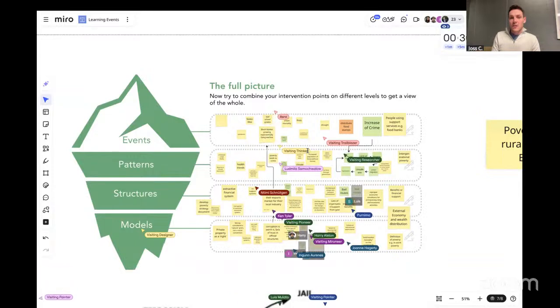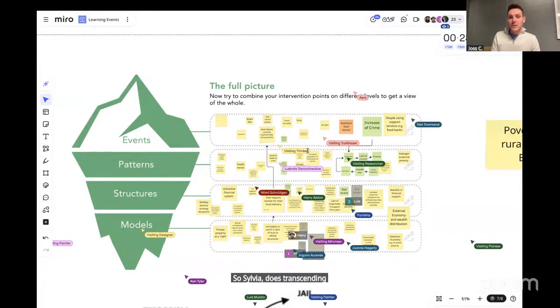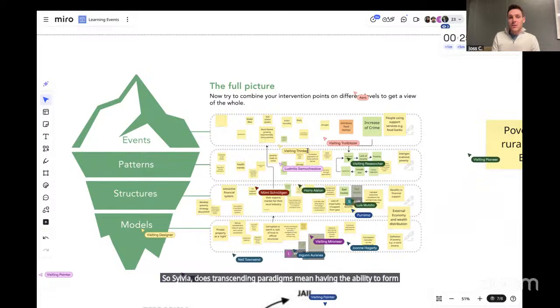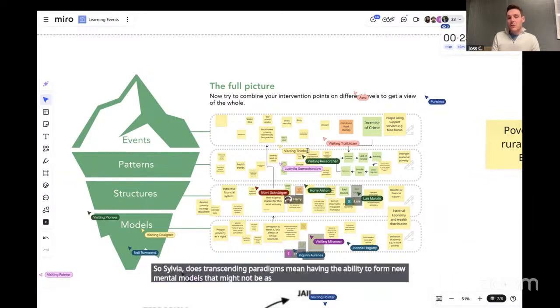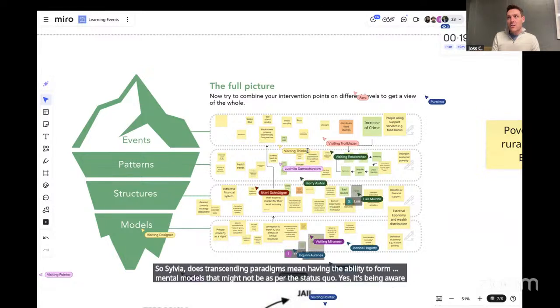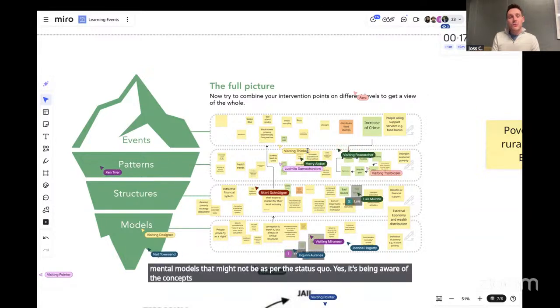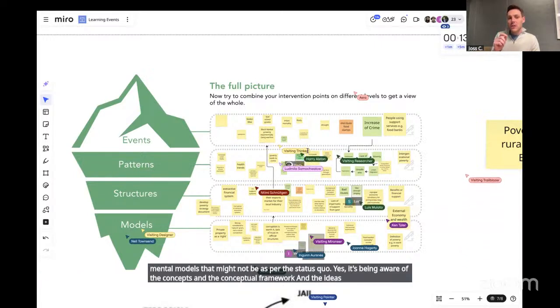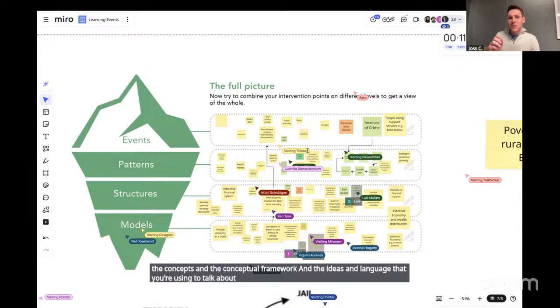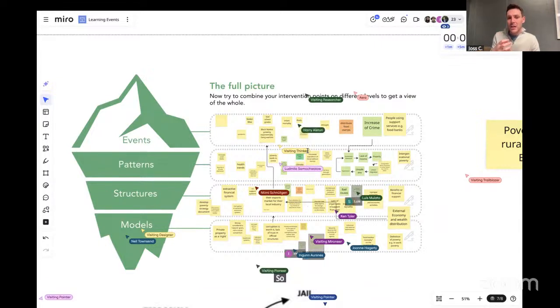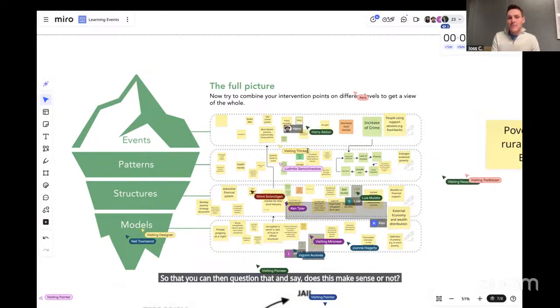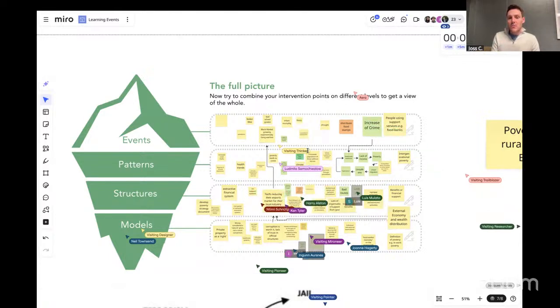So Sylvia, does transcending paradigms mean having the ability to form new mental models that might not be as per the status quo? Yes, it's being aware of the concepts and the conceptual framework and the ideas and language that you're using to talk about the system, so that you can then question that and say, does this make sense or not? A classic one is in modern science.